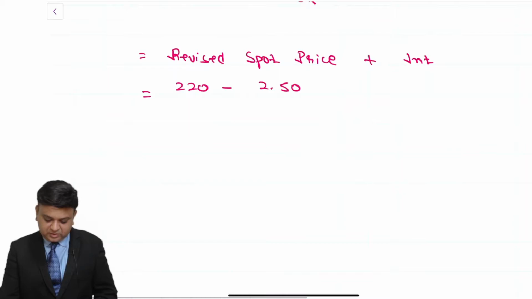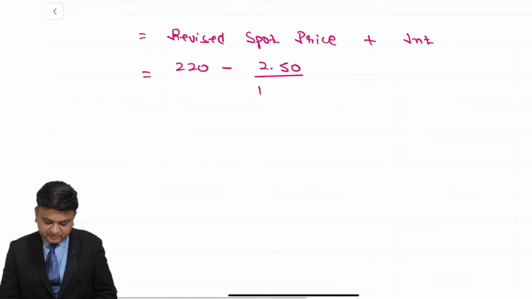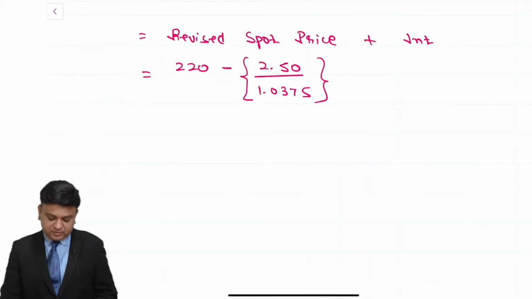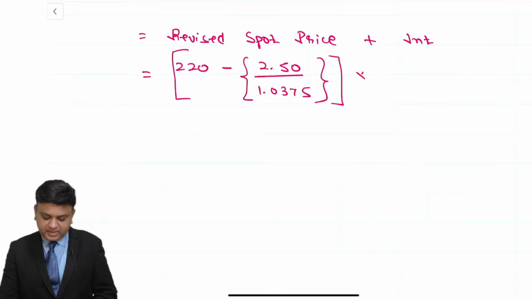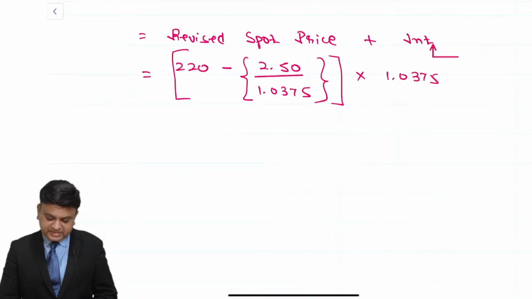So 2.50 divided by, rate of interest is 15% and time period is 3 months, that comes to 3.75%, so divided by 1.0375. So the present value of the dividend is calculated, which is deducted from the spot price of the security, into 1.0375 once again.